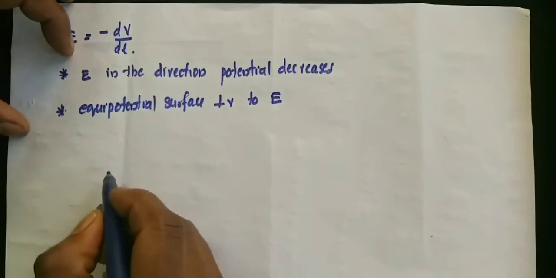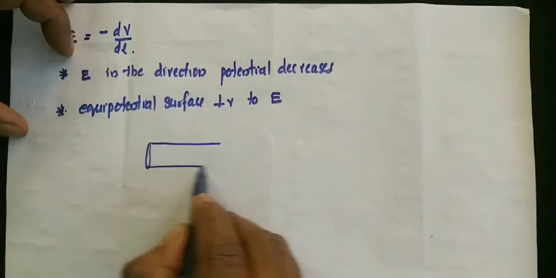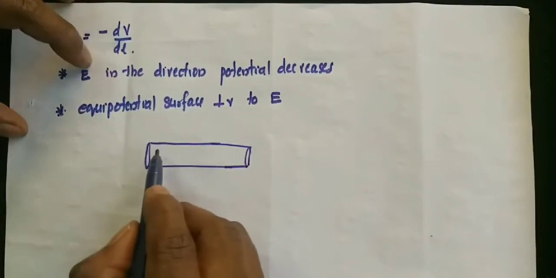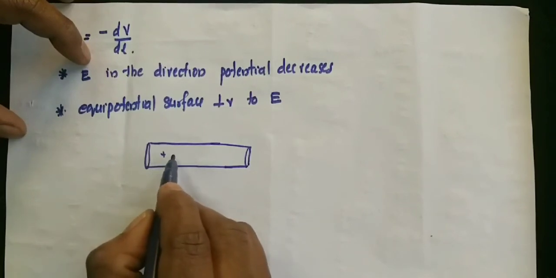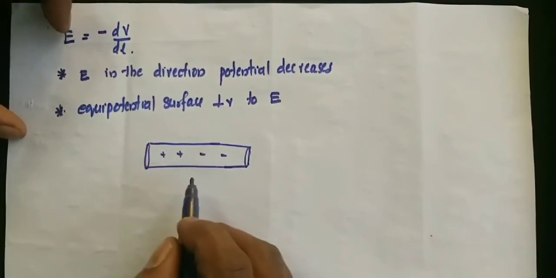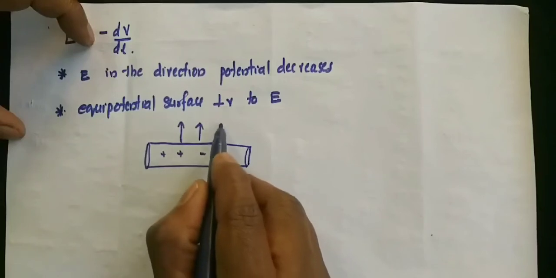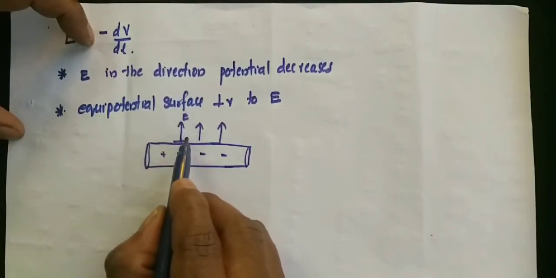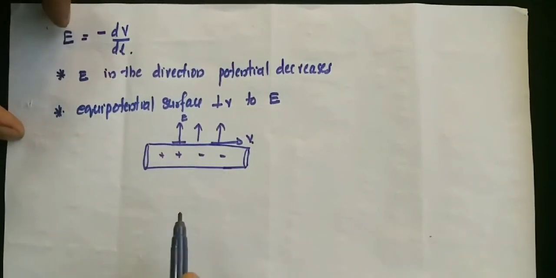That is the conclusion. Now in the second point, if I divide it into some other categories, let us consider a charged conductor. A charged conductor in normal situation will be neutral. That means whatever amount of positive charge, that much amount of negative charge will also be there. Suppose this conductor is charged with positive charges, then the direction of electric field will be looking like this as an arrow, and perpendicular to the direction of electric field we have the potential.